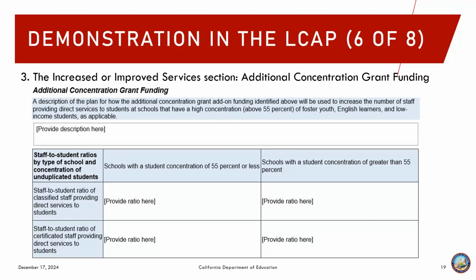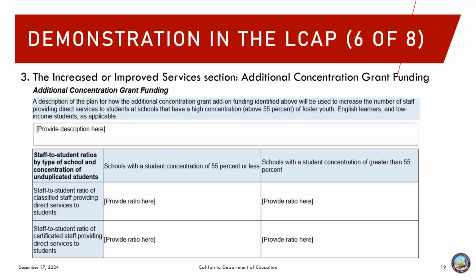And then within the table, they're going to provide the staff to student ratios of both classified and certificated staff, at schools with a concentration of 55% or less and greater than 55%. This is required to be completed by all LEAs that receive the additional 15% concentration grant.